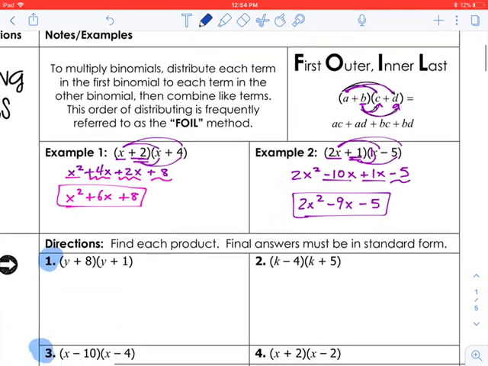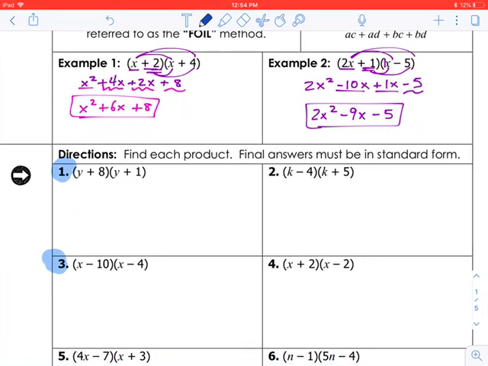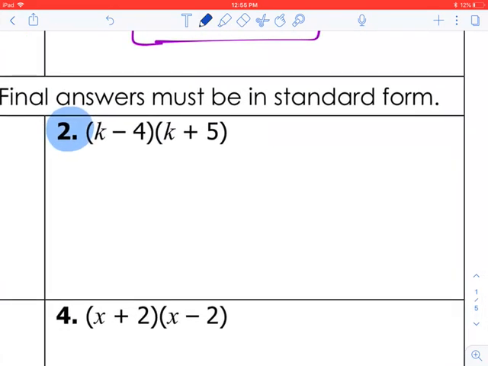So, a lot of examples are very similar. We just got to make sure to pay close attention to our signs. Okay? So, for instance, I'm going to actually change that to number 2. So, number 2, I've got k times both of these. So, k times k is k squared. K times 5 is 5k. Now, when I multiply the second one, it's not just 4, it's negative 4.